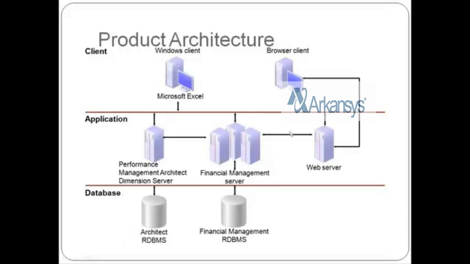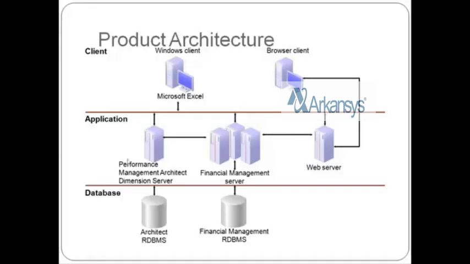And then whatever views we are creating, data grids, or data which we are storing, will be stored on the Financial Management server, wherein the data gets stored in the Financial Management RDBMS. So any value which comes into the system gets stored in the Financial Management RDBMS, and whenever the user fires a query through the web server, it will go to the Financial Management server as well as to the Performance Management Architect dimension server to identify the relevant dimension hierarchies and dimension members.